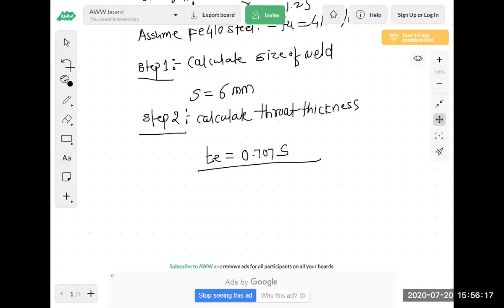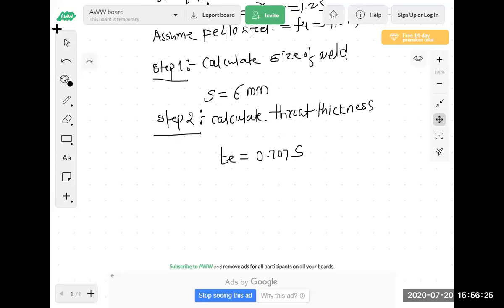Are you getting? So here throat thickness T is equal to 0.707 S. Now calculate the throat thickness: 0.707 into the size of weld, here 6 mm. So how much is the throat thickness? 4.242 mm is the throat thickness. See, this way you can solve the problem step by step.